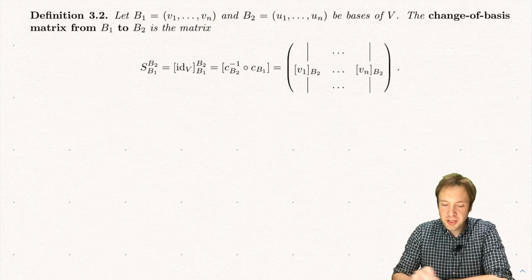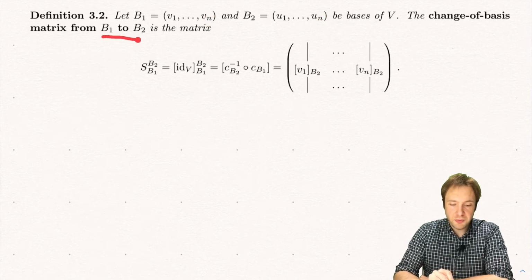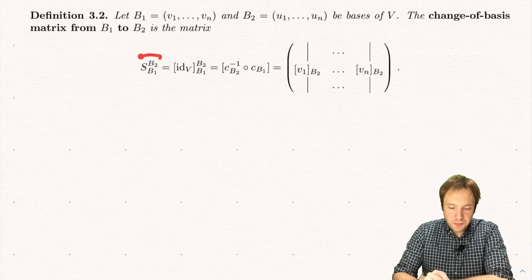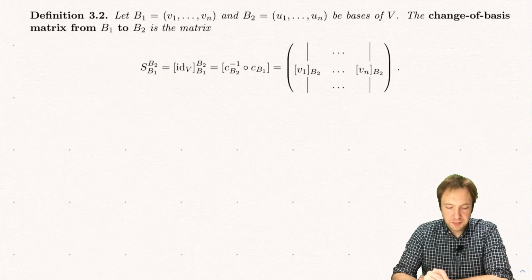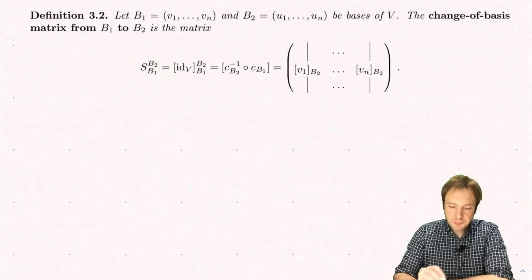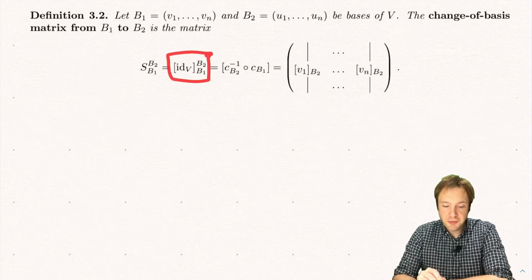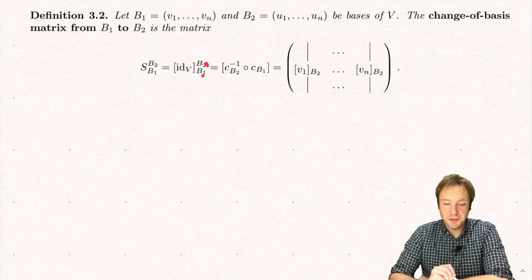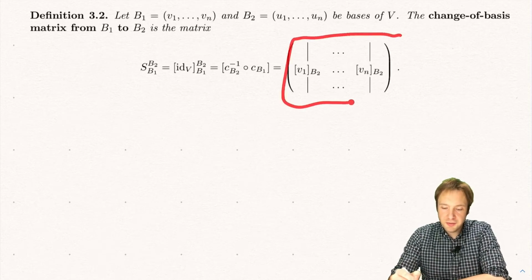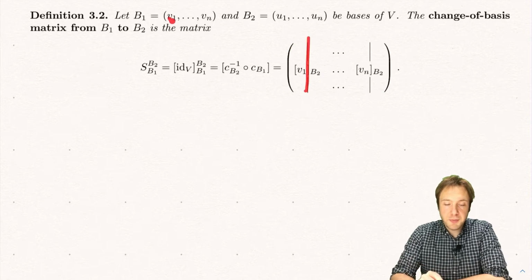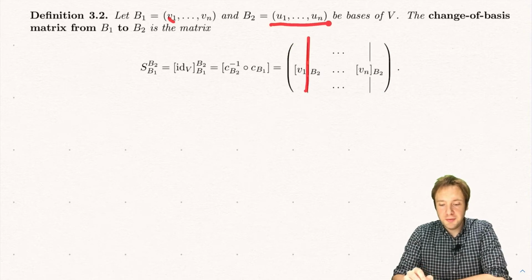And then we define the change of basis matrix from B1 to B2, denoted by S, B1 to B2, to be the matrix of the identity map with respect to the bases B1 and B2. In other words, in the first column, I take the first basis vector and consider the coordinate vector with respect to the second basis.